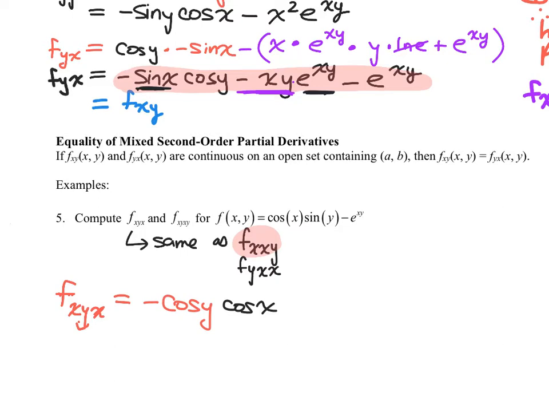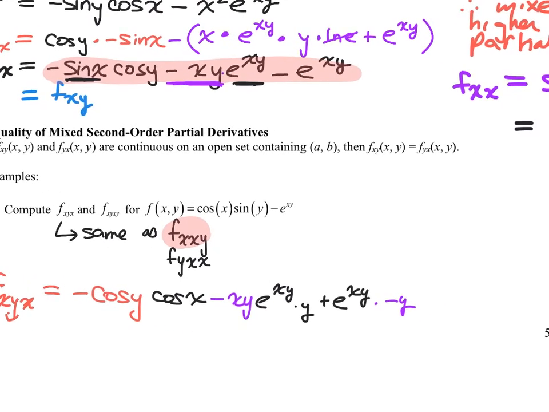So first, negative xy times the derivative of the second, e to the xy times the derivative of xy with respect to x, which would just be y. So times y, plus the second function, e to the xy, times the derivative of the first function, again with respect to x, so times negative y.